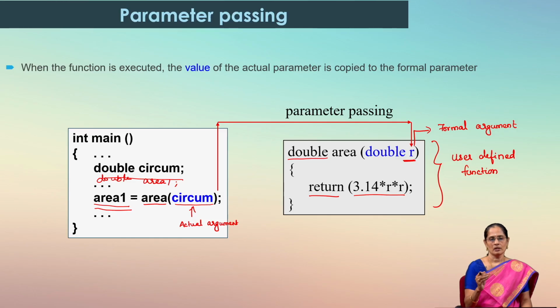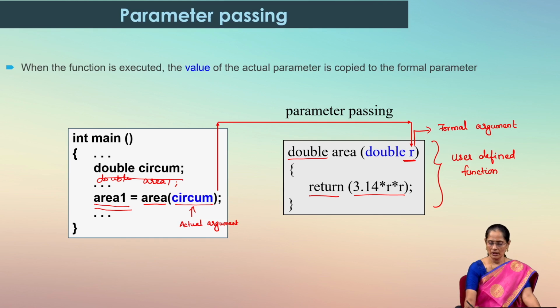So, area1 should also be defined as double type. So, this is how the value of the actual parameter is passed on to the formal parameter. Actually, the value is copied. Here we are using the variable name as circum, and here we are using double r.